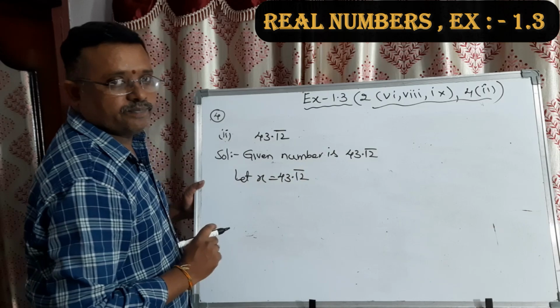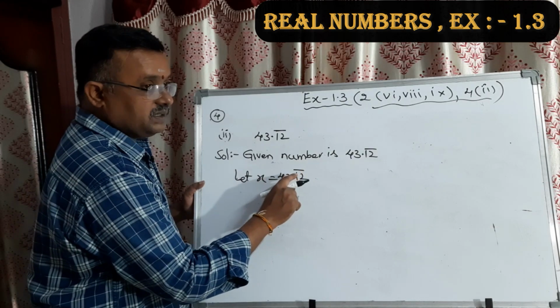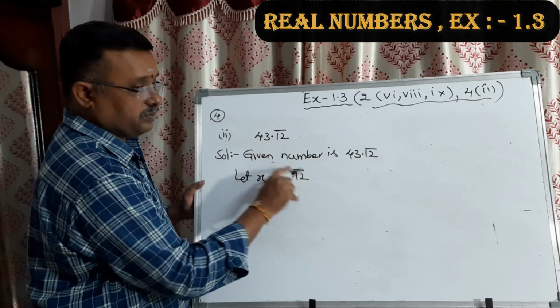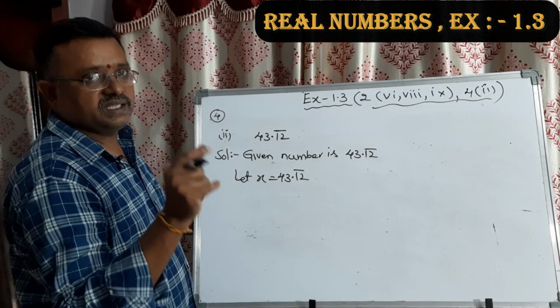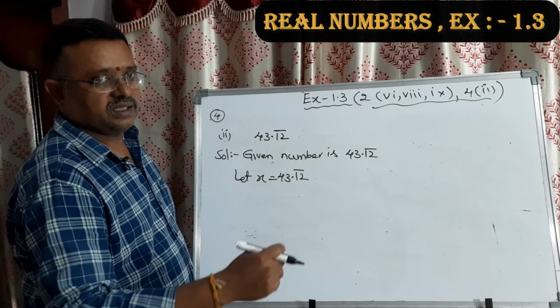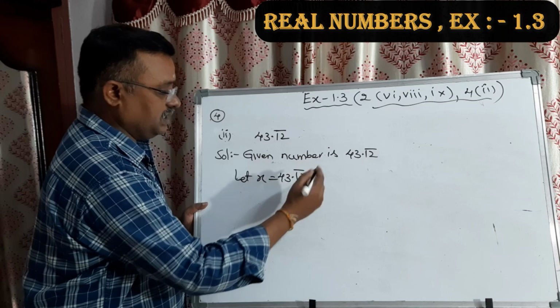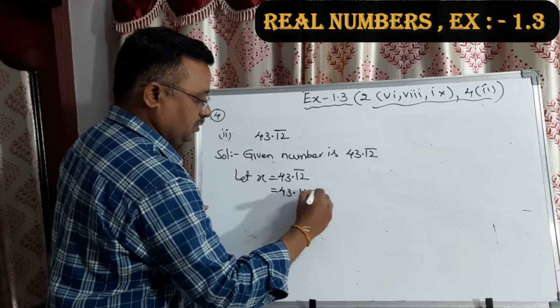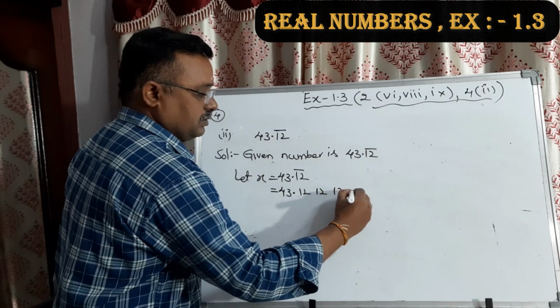43.12 bar. 12 bar means non-terminating repeating decimals will have this form. Whatever the repeating digits are there, without repeating them continuously, we can write this bar symbol. Its meaning is it is equal to 43.12, 12, 12 and so on.